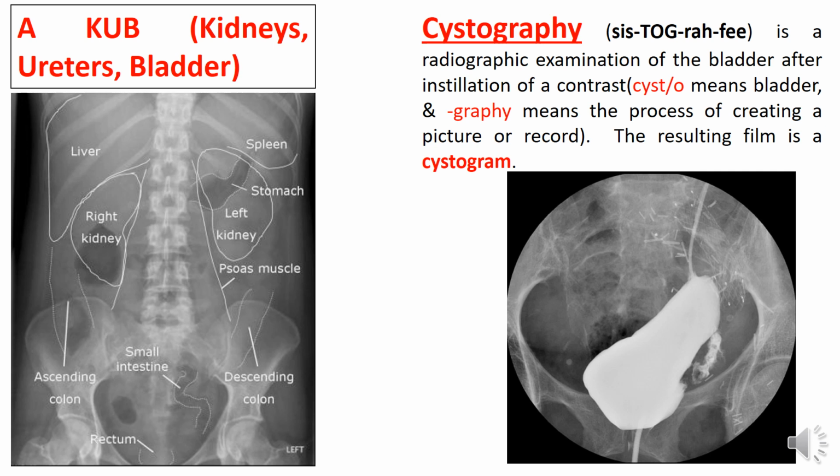Cysto means urine bladder, and graphy means the picturing or recording. So it's the radiographic examination of the bladder after instillation of a contrast. Contrast means الصبغة, resulting in a film called cystogram, as on the left.